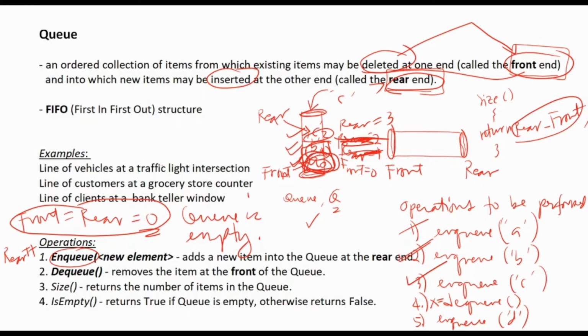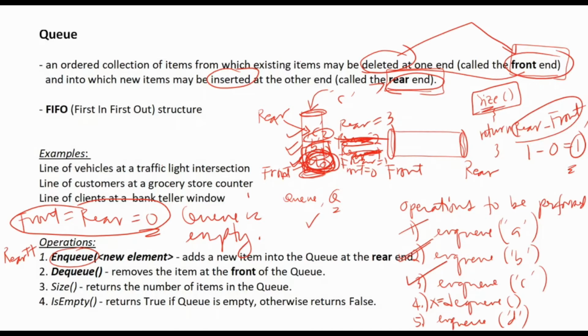Say if there's only one element A, front is 0, rear is equal to 1, right? So when you inquire for the size of the queue, it would return 1 minus 0, which is 1, meaning there is only one element in the queue.